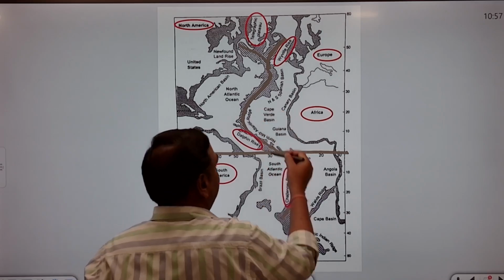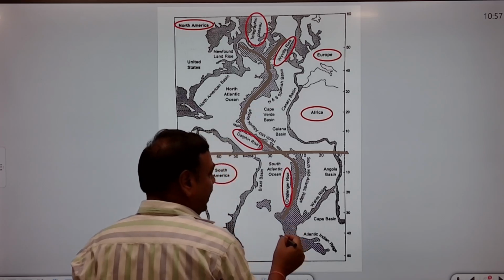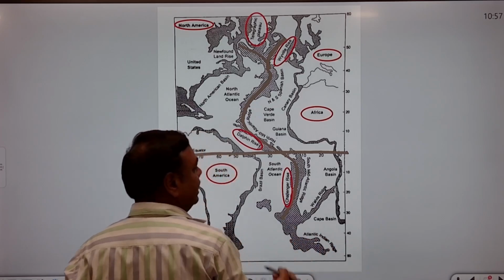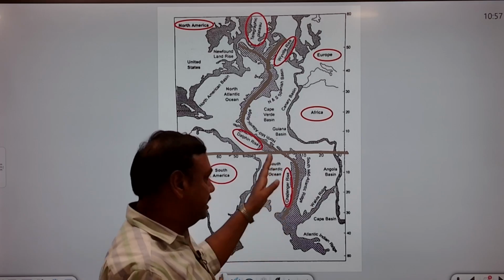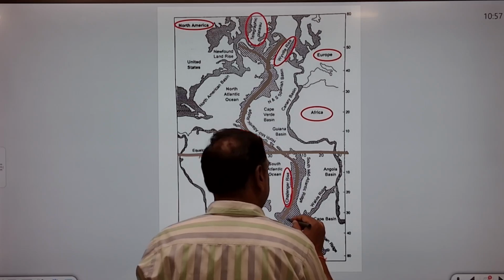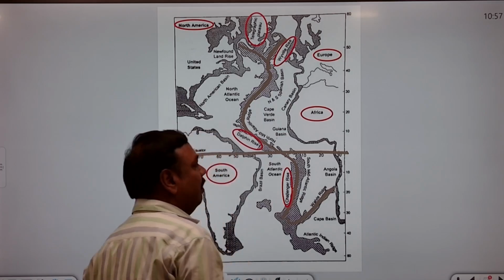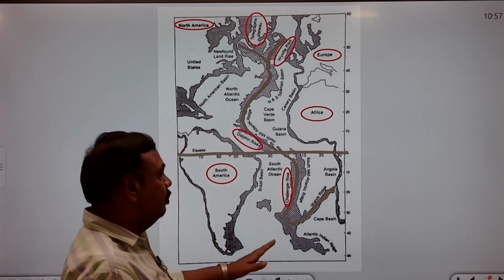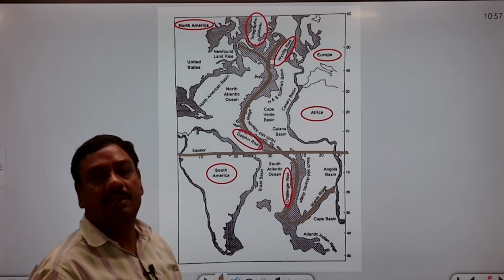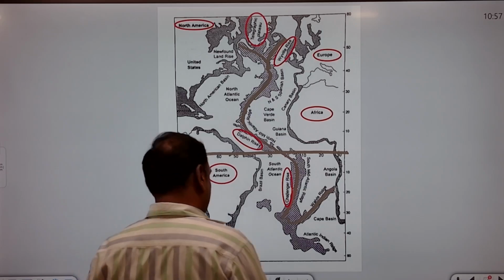Now, likewise, when you come nearby the 40° south latitude here in the southern Atlantic Ocean, there is also branching of a part of the Challenger Rise towards the African continent, right? It is called Walvis Ridge.